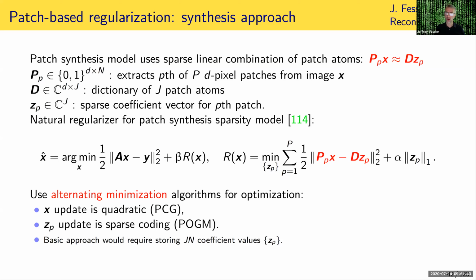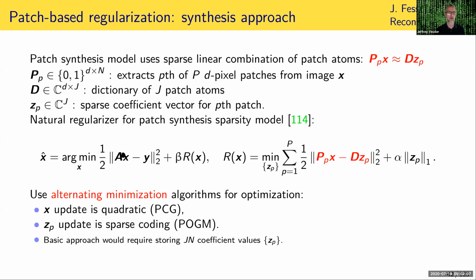So this is a little bit harder optimization problem than what we started with earlier, because now we have two variables to minimize over, the image X and the sparse coefficients. But when you look at this, it's very natural to apply an alternating minimization algorithm where we alternate between updating the image X and then the sparse coefficients Z. We move this min over Z outside, so double minimization.